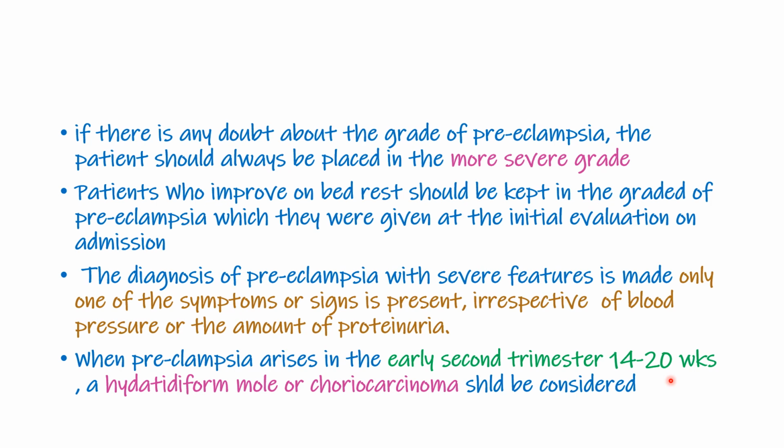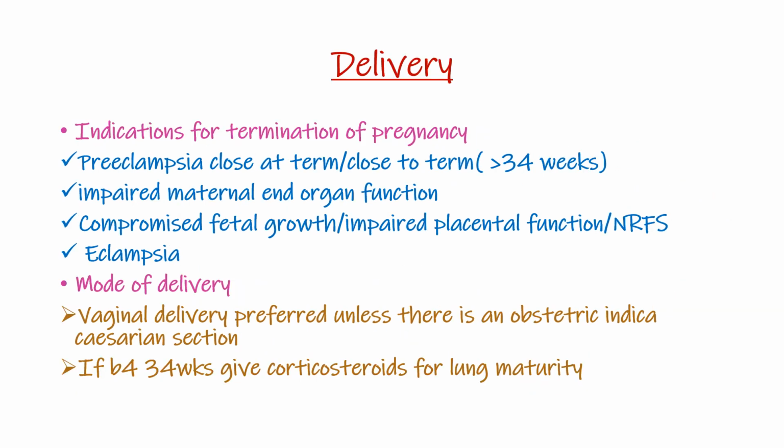Preeclampsia is when you have elevated blood pressure with proteinuria or severe features of preeclampsia when the patient is greater than 20 weeks of gestation. So now it has developed at 14 to 20 weeks. Then you suspect that it may not be preeclampsia. What that may be is a hydatidiform mole or choriocarcinoma, which should be considered, which can present as preeclampsia. Delivery is our definitive treatment.